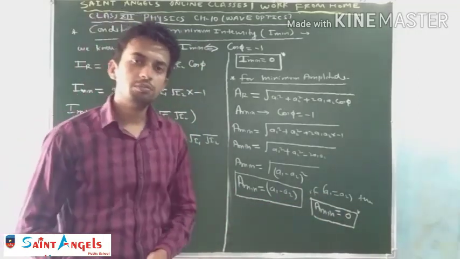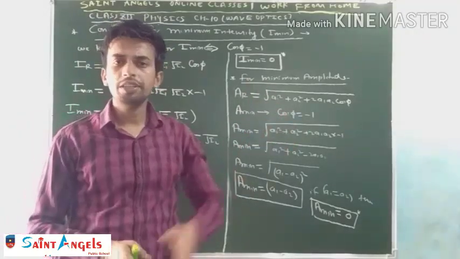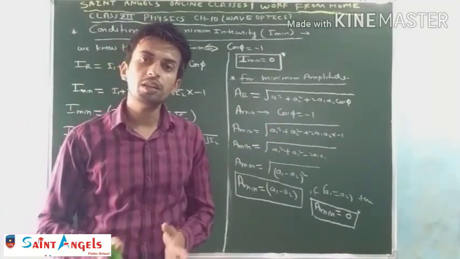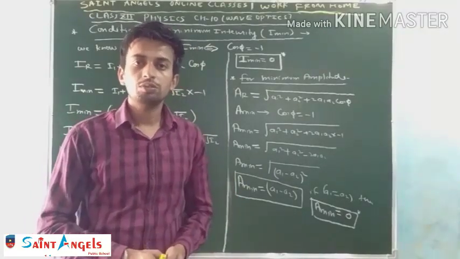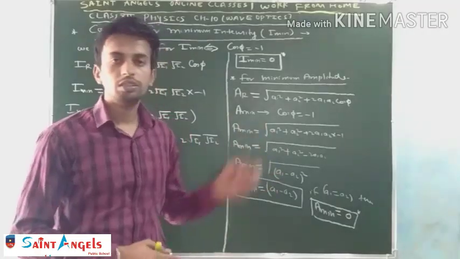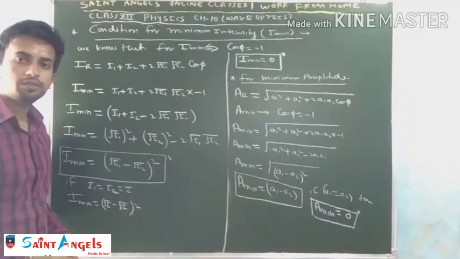As we know that intensity is minimum, or intensity of light is 0, it means there is an absence of light at that point or at that place. So this is also known as the condition for dark. So please pause the video and note it in your notebook.